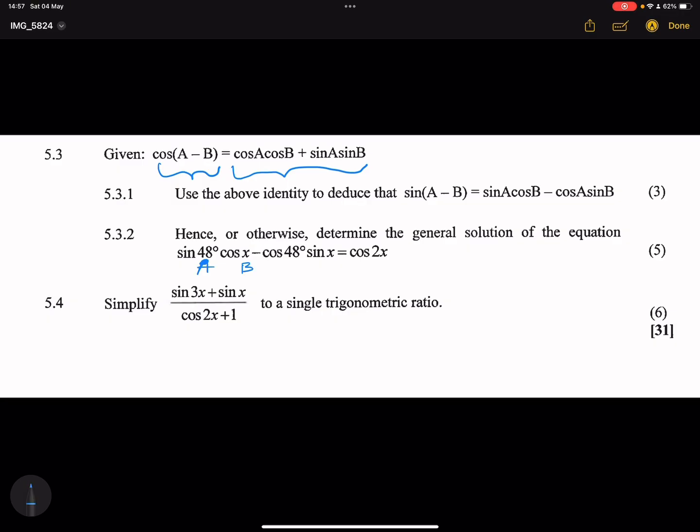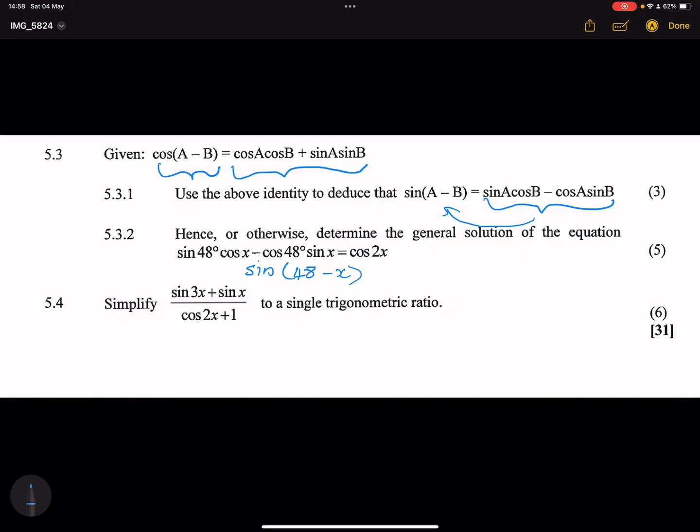So I can actually rewrite this, because if you look at this, it looks exactly like what we have over there. And we know this is equal to this. So on the left-hand side, I can say this is the same as sine of 48 minus x. So now that means sine of 48 minus x is equal to the cos of 2x.